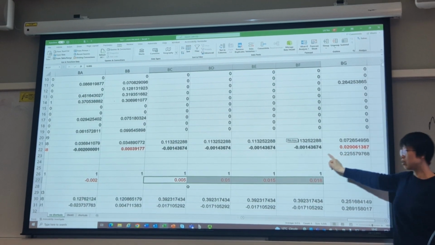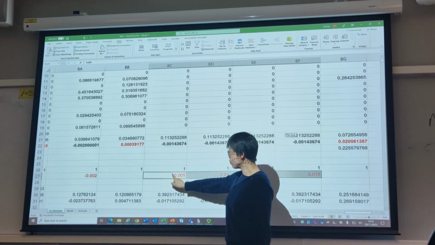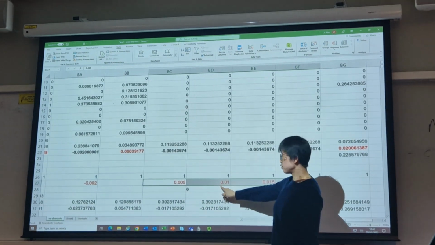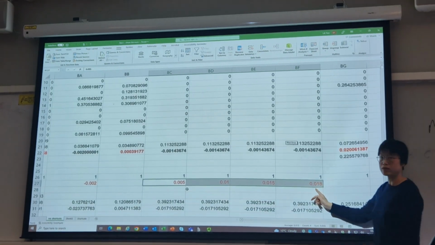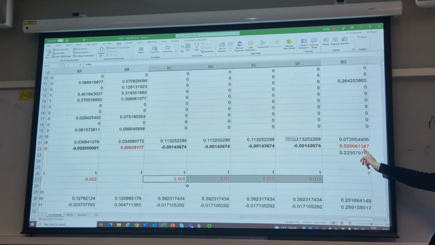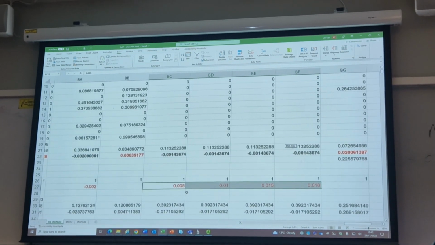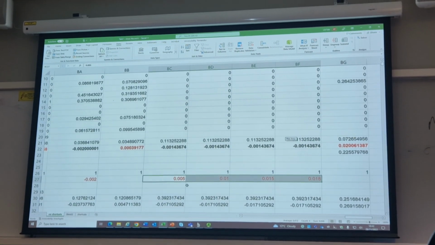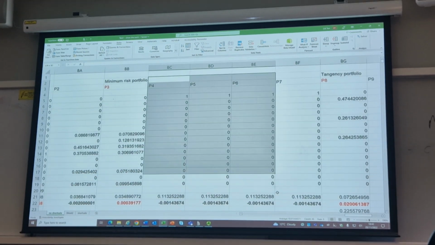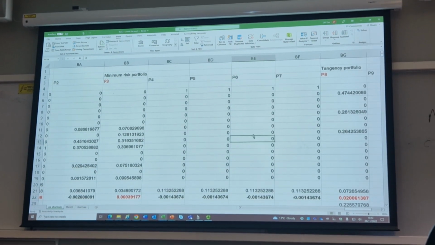Apparently, this portfolio's return is lower than this one, and lower than this one. That makes sense. So as long as we set the target return, we can do the same to construct these four portfolios. Is that clear?